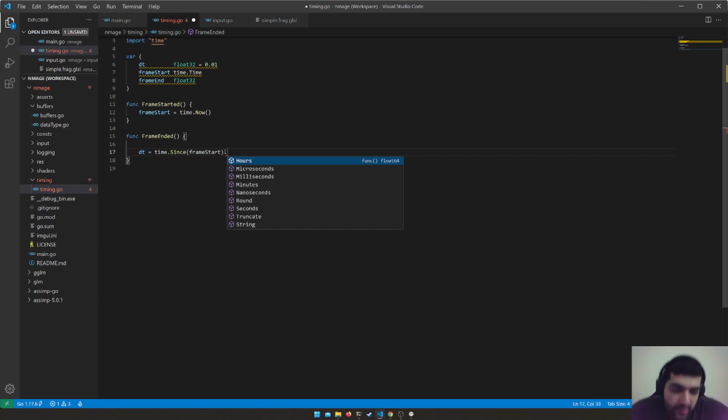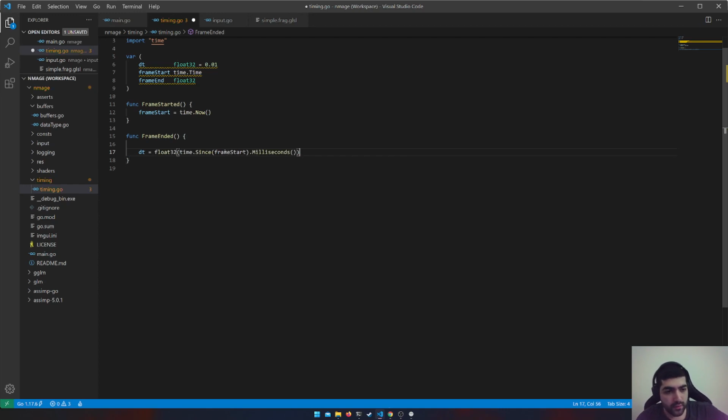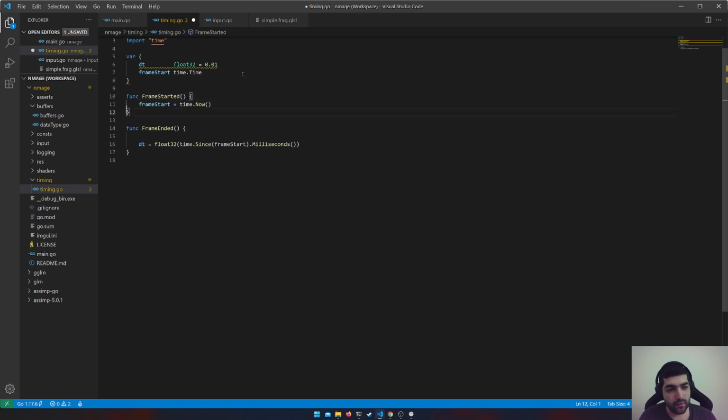Let's see, should we get milliseconds or microseconds? I think microseconds is too much. Yeah, I mean, we can provide a 64-bit delta as well, but that will be the default, I think. So yeah, milliseconds. Cool. So we don't need frame end. And dt, we can either make it a public variable, or we can make it a function.